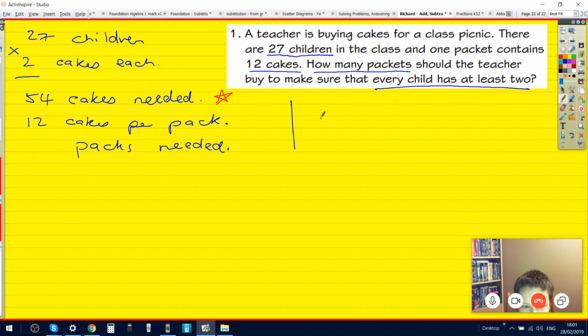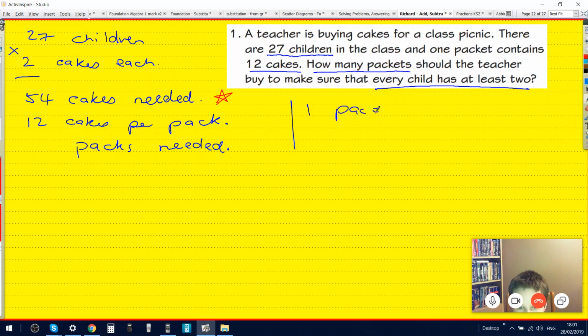Okay. So 1 pack is 12. 2 packs is 24. 3 packs are 36. Yeah. So how many packs are we going to need for 54 cakes? 15, 3 pack.